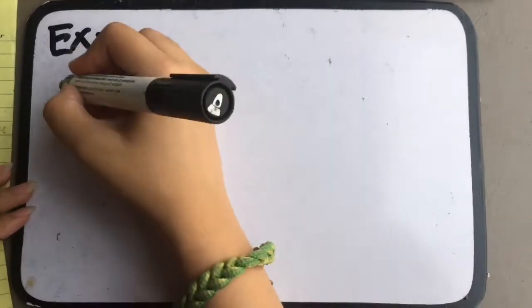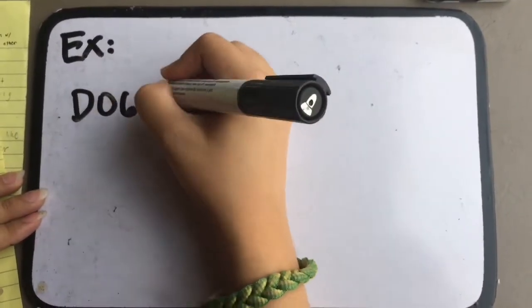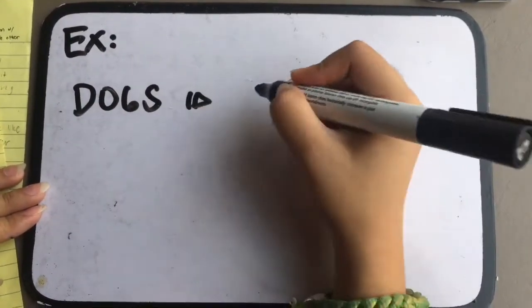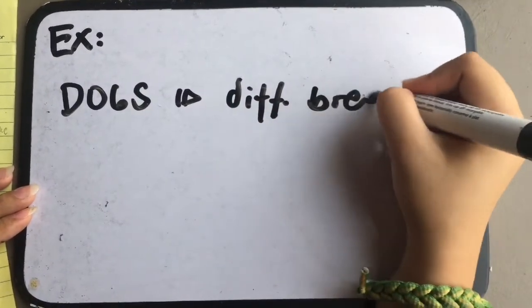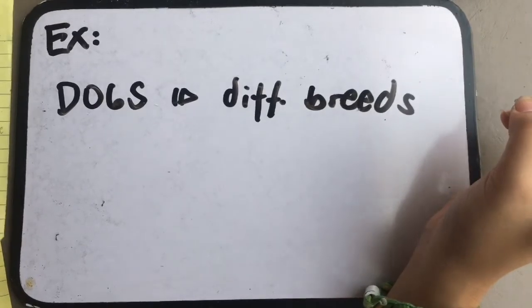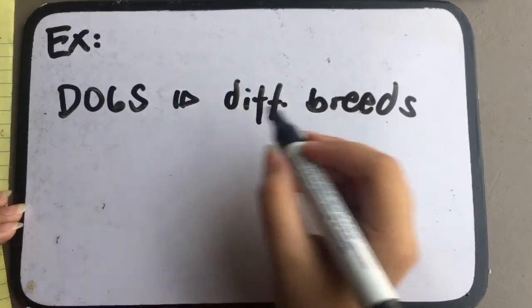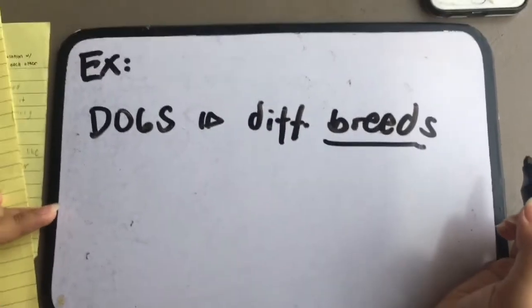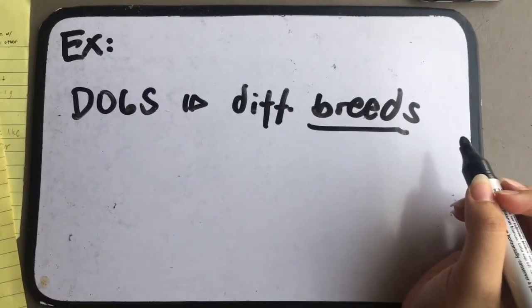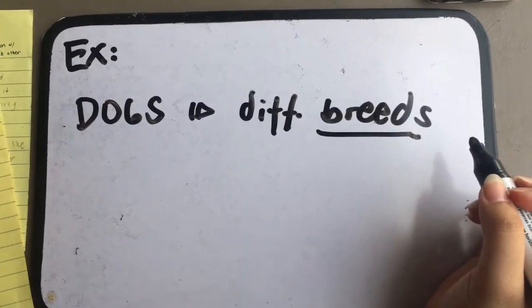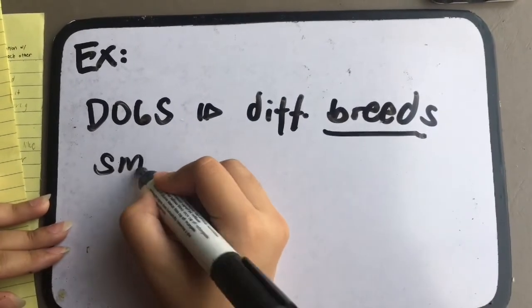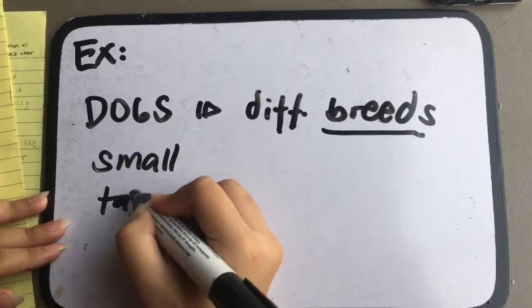First example is the dogs. Dogs can have different breeds, which means that they have different behaviors and different appearances. For example, dogs can be small or tall.